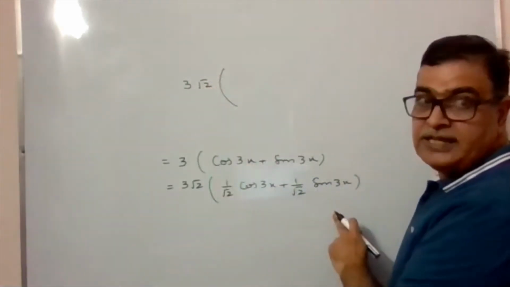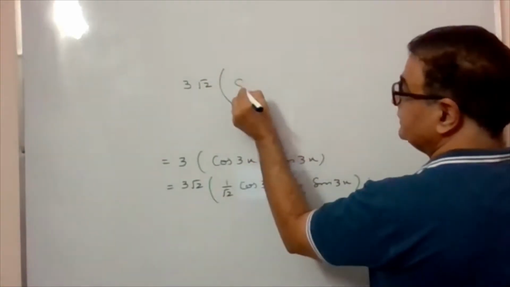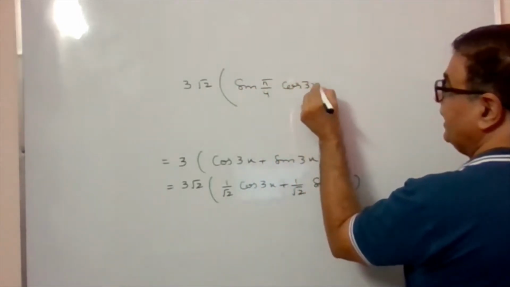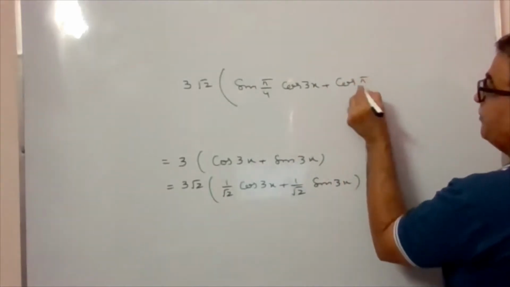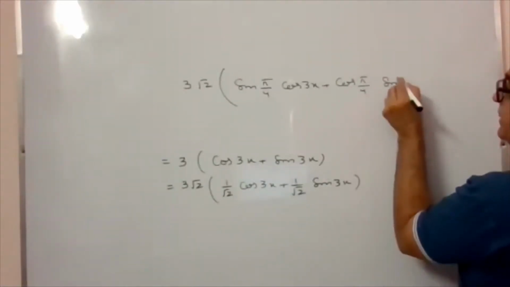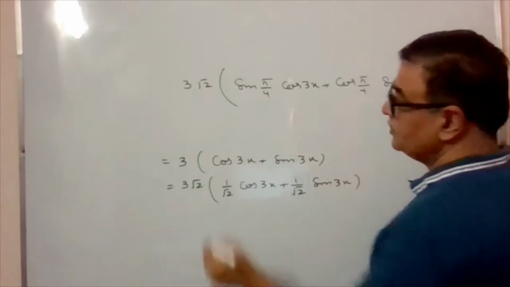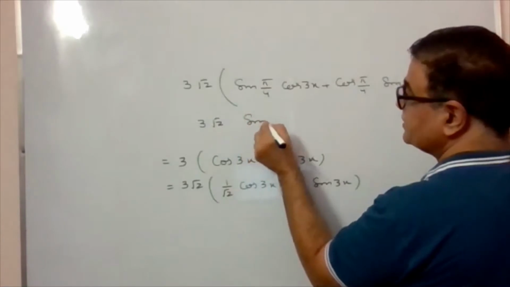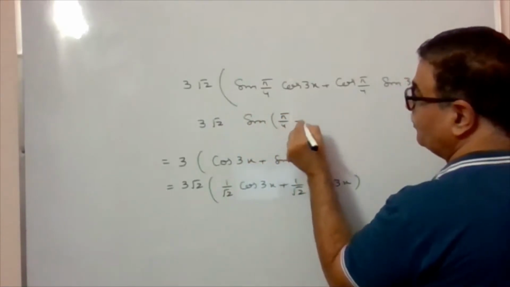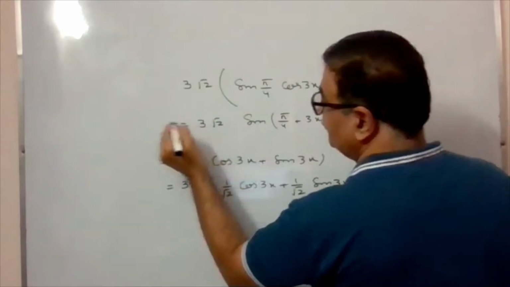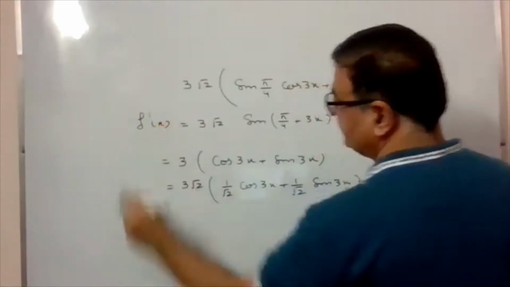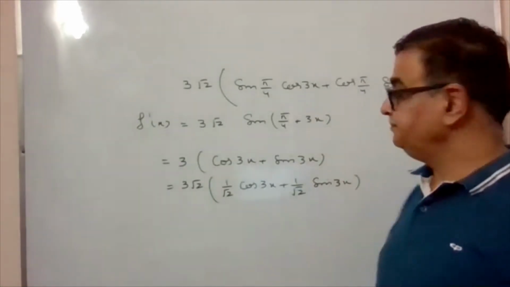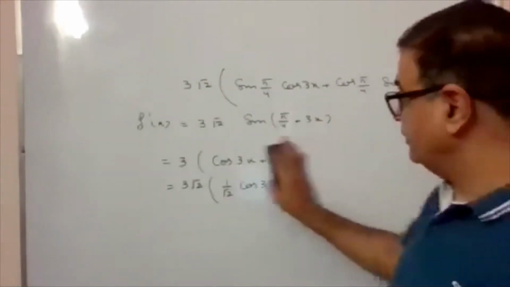This will be plus sign, so we'll convert into sine: sine of pi by 4 cos 3x plus cos pi by 4 sine 3x. Or I should say it will be 3 root 2 sine of (a plus b). So sine of (pi by 4 plus 3x) will be your f dash x. Clear? This is the derivative we got.